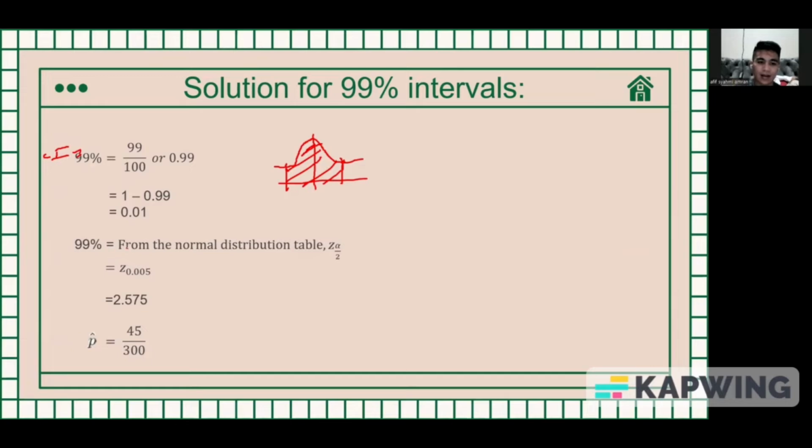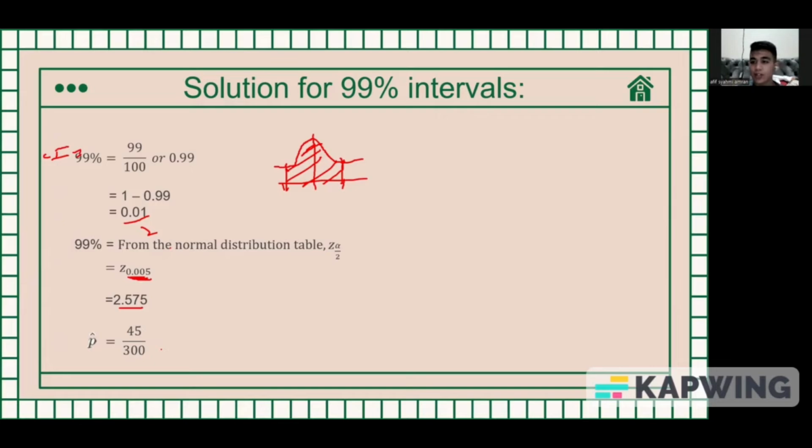Then we divide it by 2, for the same reason as the previous question, because it has two parts, and we get 0.005. Then you need to find the 0.005 value in the stat table, which you can refer to in the Firdaus video. After you find the value in the stat table, you will get 2.575.